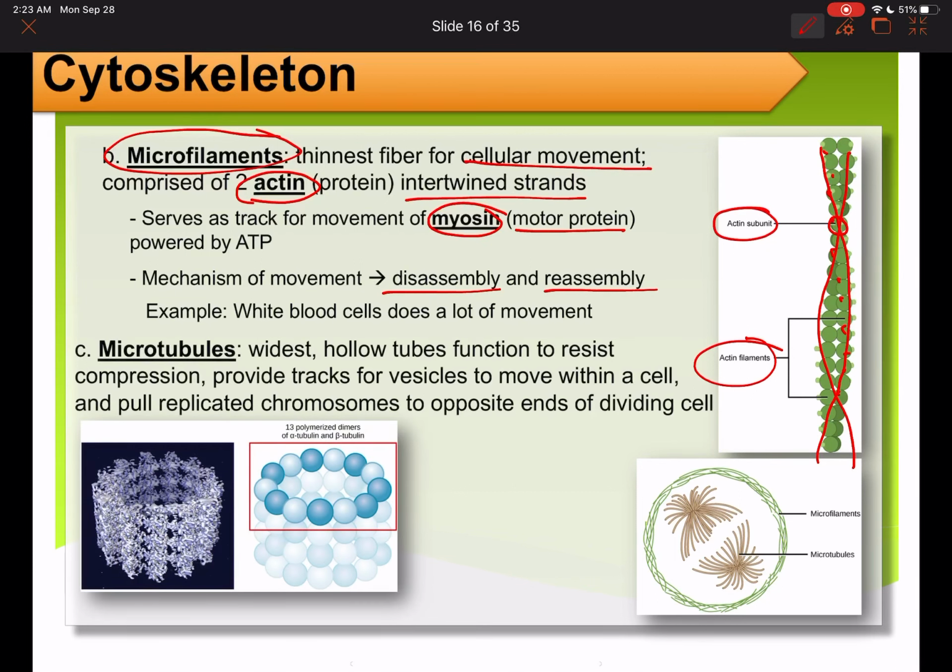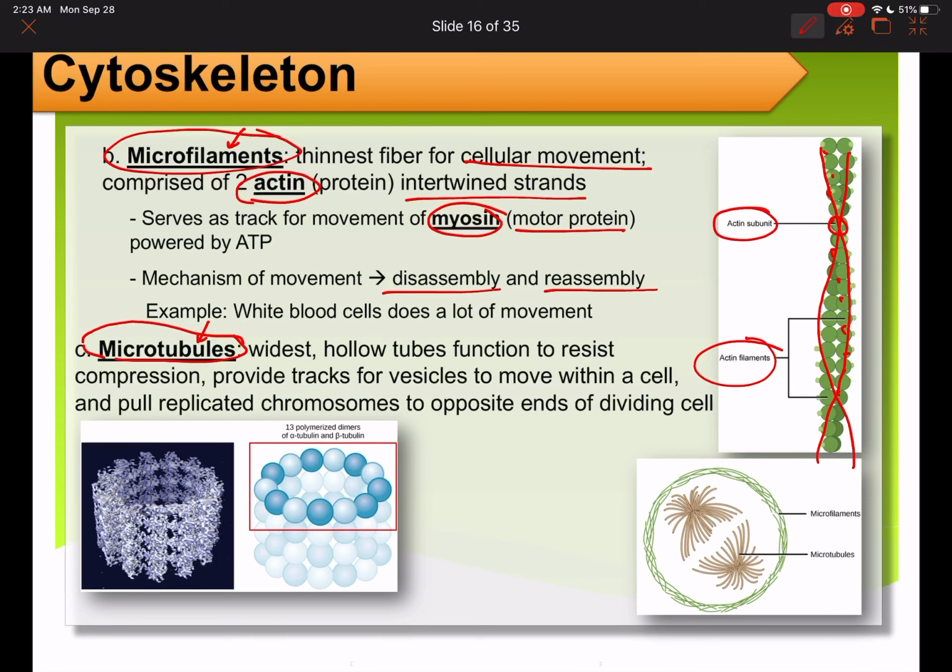And the last type of cytoskeleton, which is actually the thickest type, is called microtubules. Remember, filaments sounds a lot smaller; tubules sounds like a whole tube, so they're thicker. That's a way you can easily remember the difference between microfilaments and microtubules.